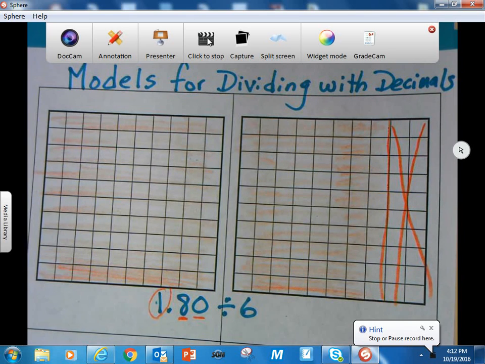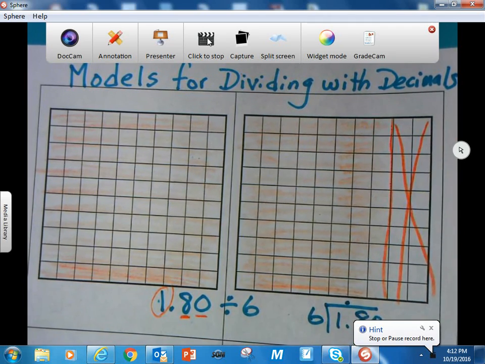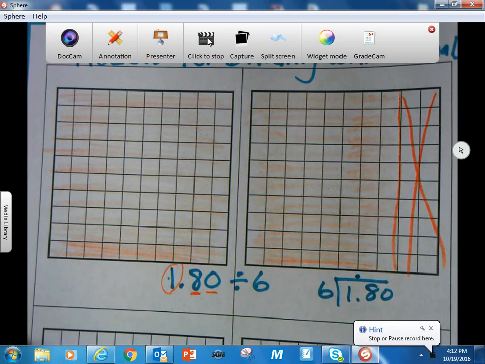I could actually divide 1 and 80 hundredths by 6, to see just how many tenths I'm dealing with here.